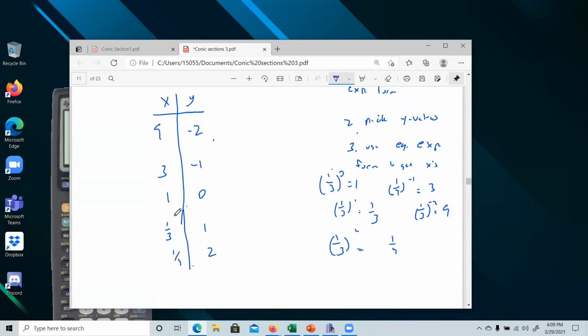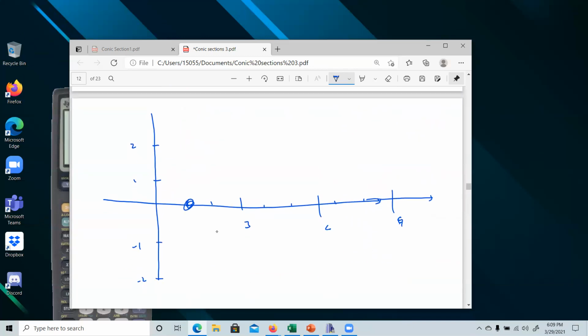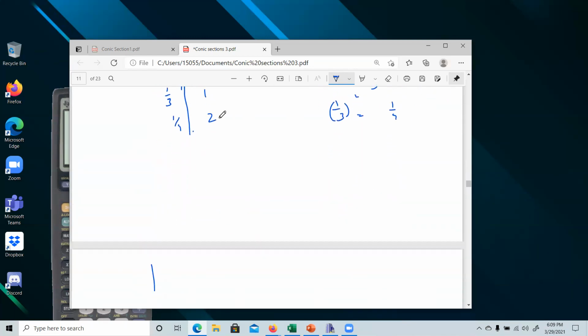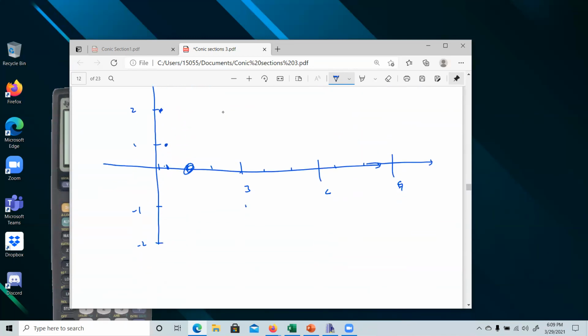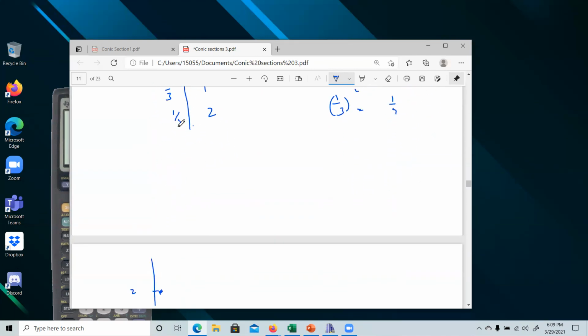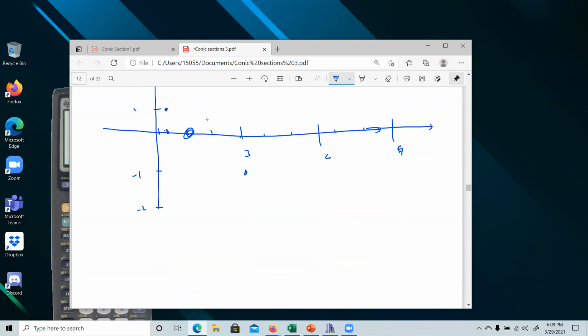Okay. When x is 1/3, y is 1. So we have about 1/3 there, up here. We need 1/3 of 1/3, that's 1/9. Up here too. When x is 3, y is -1. Okay. And when x was 9, we are at -2.